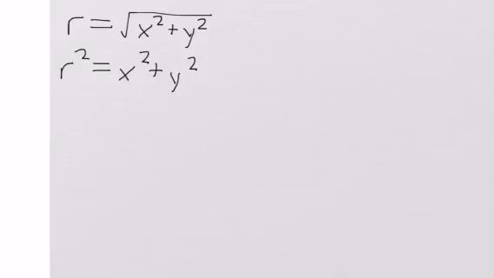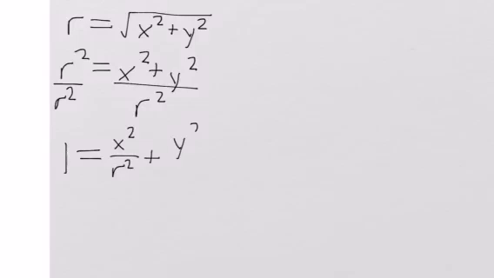So, just for fun, let's go ahead and divide both sides of this equation by r squared. And I'm going to go ahead and separate that on the right-hand side of the equation. So I end up getting 1 is equal to x squared over r squared plus y squared over r squared. Well, I can rewrite that x squared over r squared.